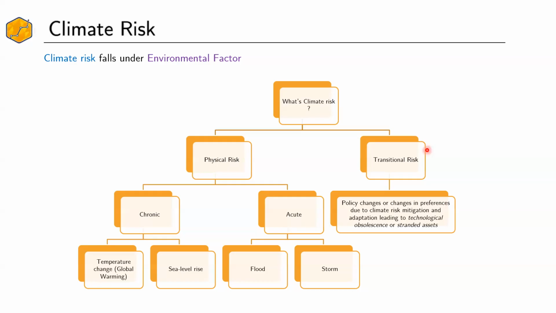Let's say if everybody goes for electric vehicles, maybe 30 years down the line, because it is energy efficient, then diesel, petrol, gas driven vehicles, nobody will make those engines anymore. Right? That's a transitional risk.